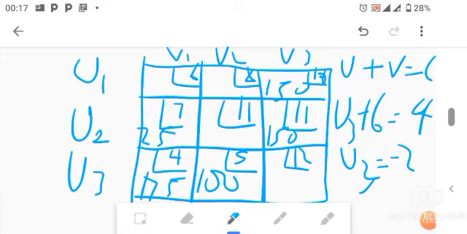So u3 is now known, and definitely it will help us find v2. The general formula once again is u plus v is equal to c. In this case, which u value are we talking about? u3, because it's the one that will help us find v2. Plus v, which v is in question here? v2. You substitute v2.